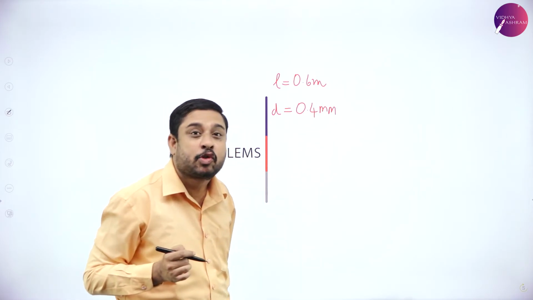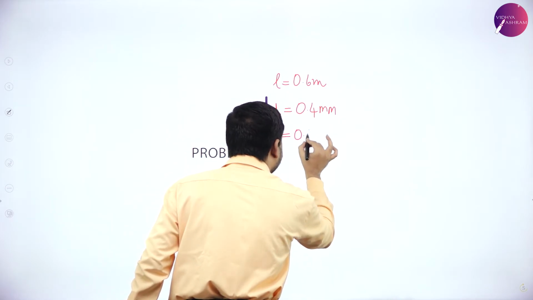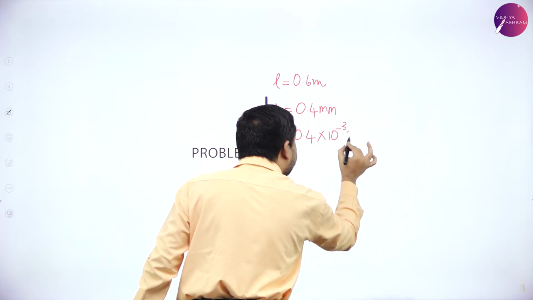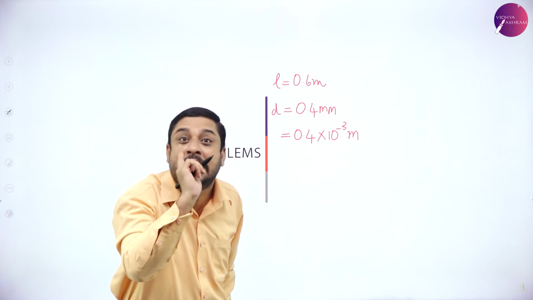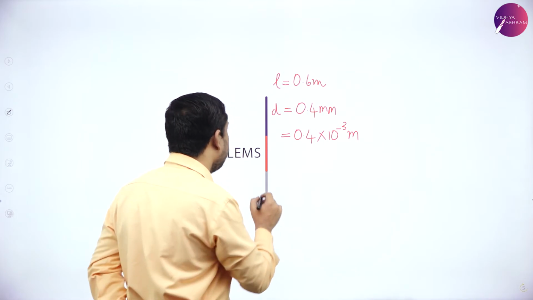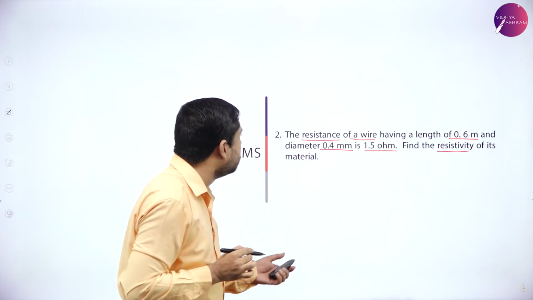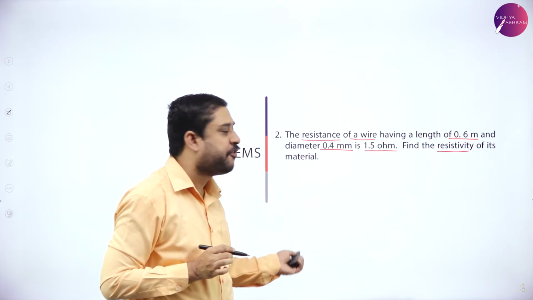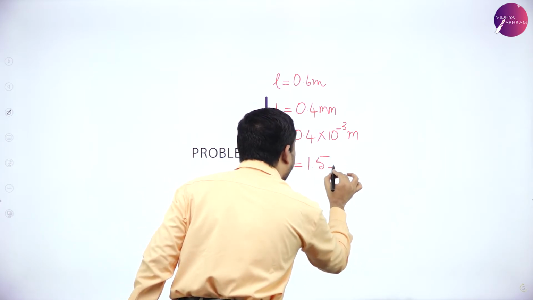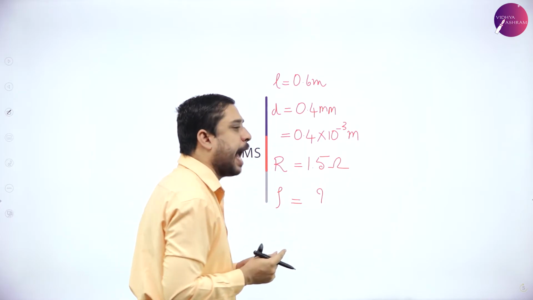So this has to be converted into meters. So this is 0.4 into 10 power minus 3 meter, milli is 10 power minus 3. And the resistance is given to be 1.5 ohm. So R is 1.5 ohm, from which I have to calculate resistivity.